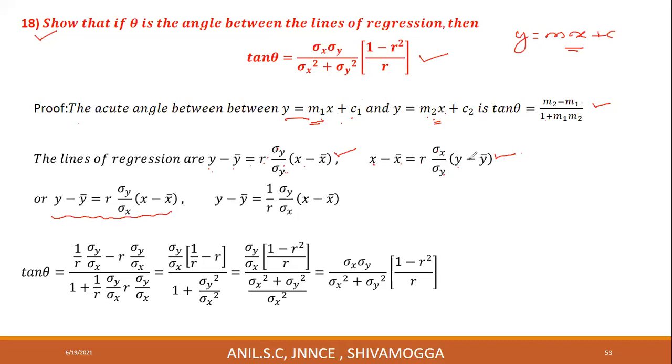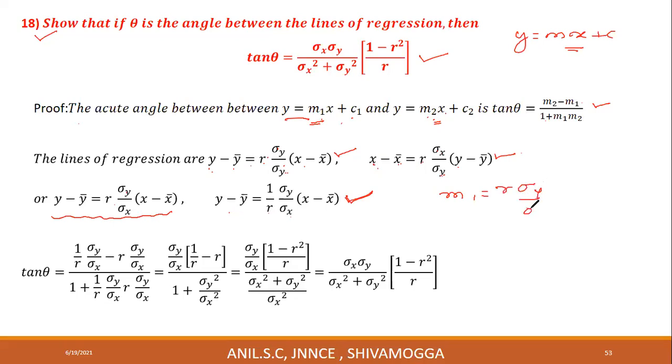Let's rewrite the second equation as y minus y bar is equal to x minus x bar into sigma y divided by r into sigma x. Now it is in the form y is equal to mx plus c. Therefore m1, the coefficient of x in the first line, is r into sigma y divided by sigma x.